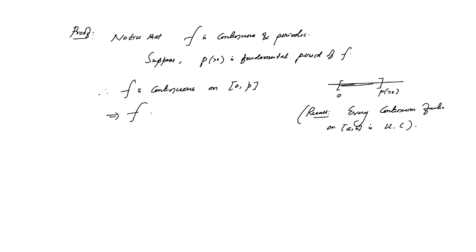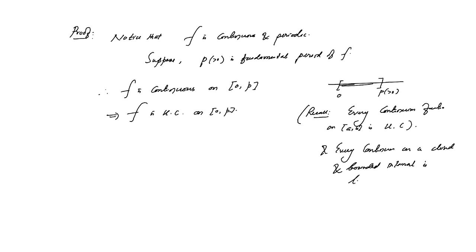So from that we can write f is uniformly continuous on the closed interval [0, p]. Also, every continuous function on a closed and bounded interval is bounded.